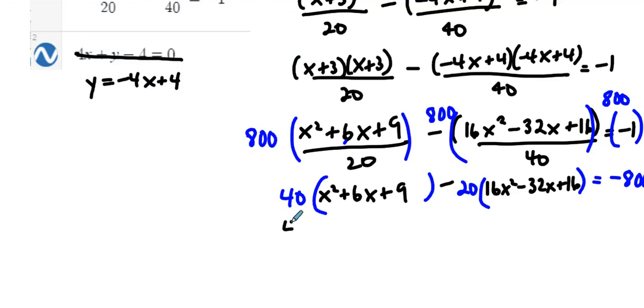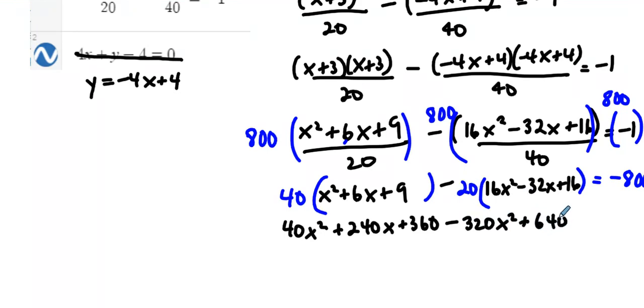So what do we have here? We have 40x squared plus 240x plus 360 minus 320x squared plus 640x minus 320, negative 800.